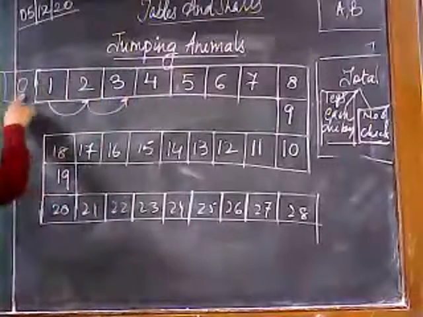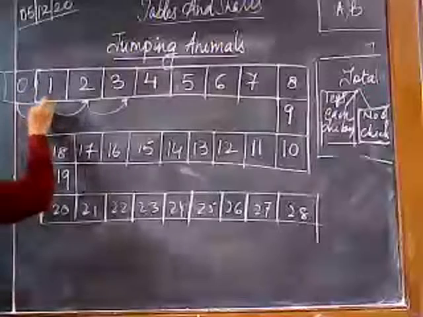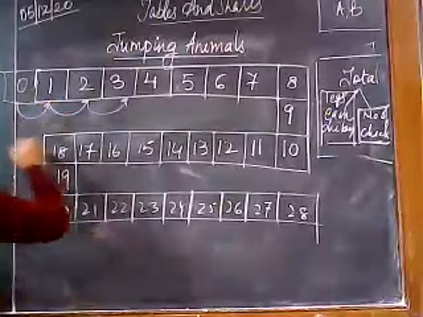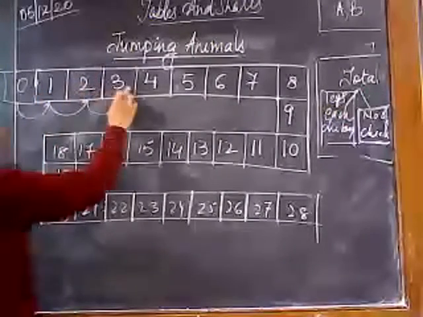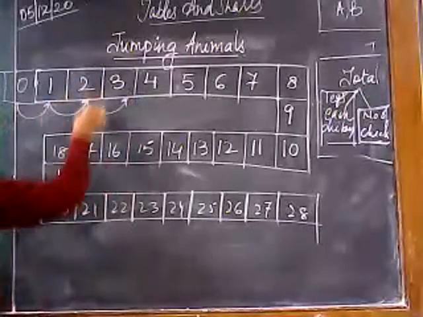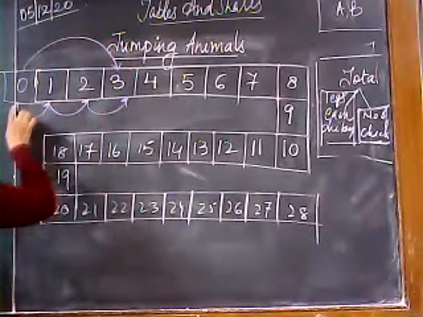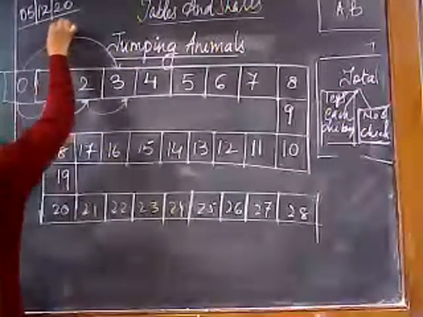Every time she jumps, she takes 3 steps: step one, step two, step three, and this is considered one jump.